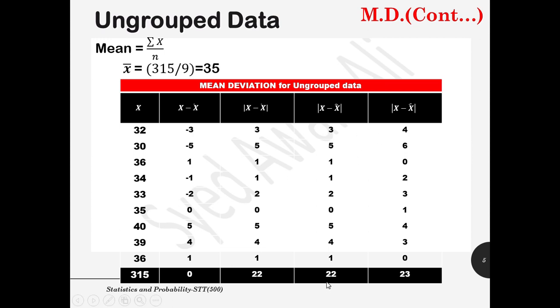Then we take the sum of all the values, that is also 22 here. Then we find x minus x hat, meaning we take deviation from the mode, and then take the absolute value of that. So our data values are 4, 6, 0, 2, 3, 1, 4, 3, 0, and the sum of this column is 23.